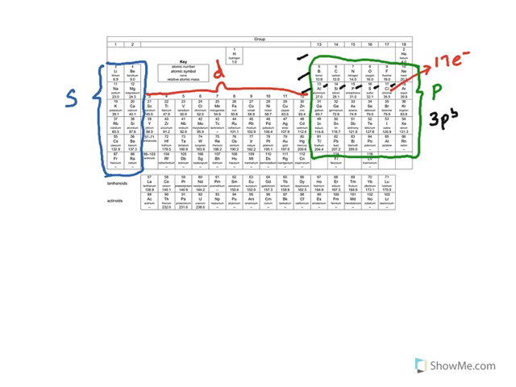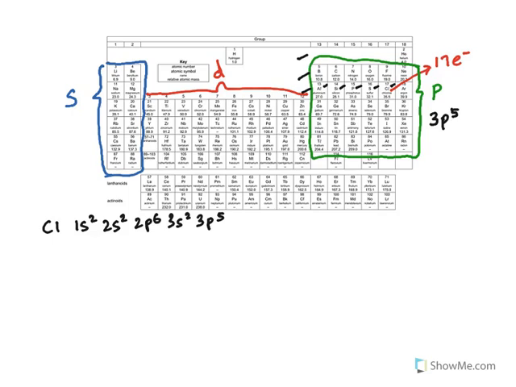So 3p5, right? This is not the electronic configuration of chlorine. We write it out properly over here, but we know it ends at 3p5. So chlorine is actually 1s2, 2s2, 2p6, 3s2, and 3p5. Fast, right?